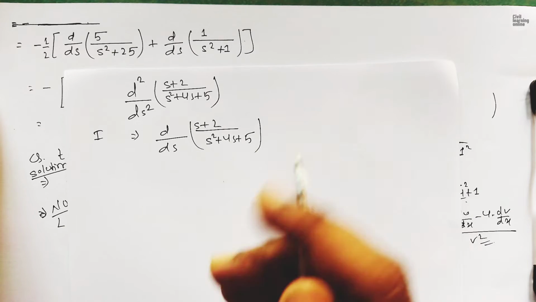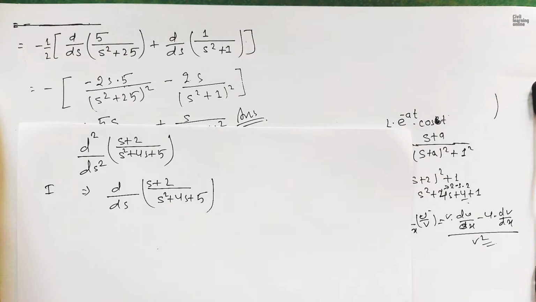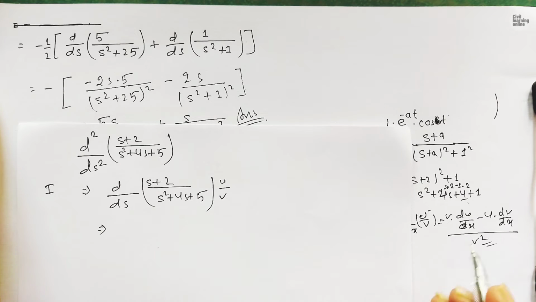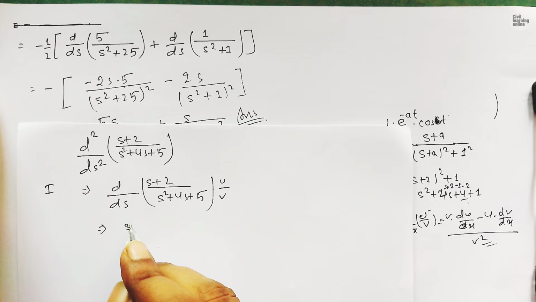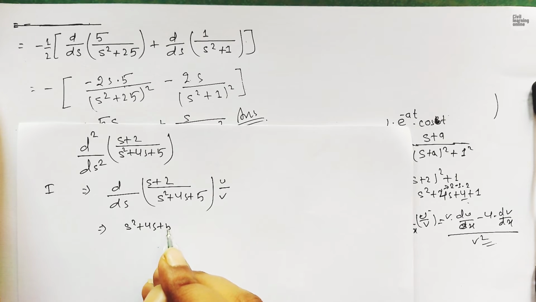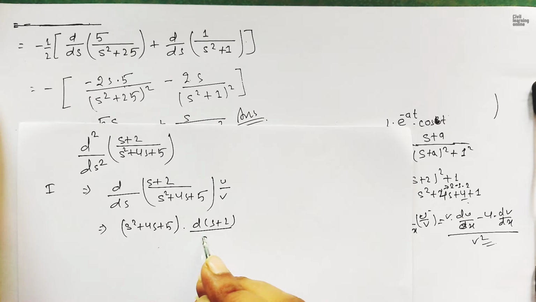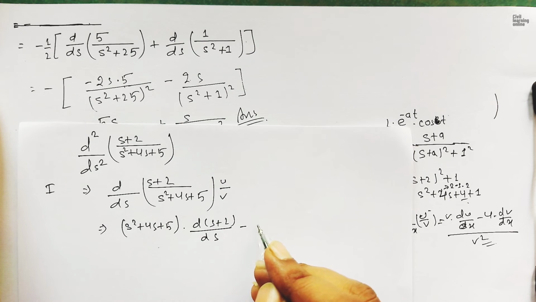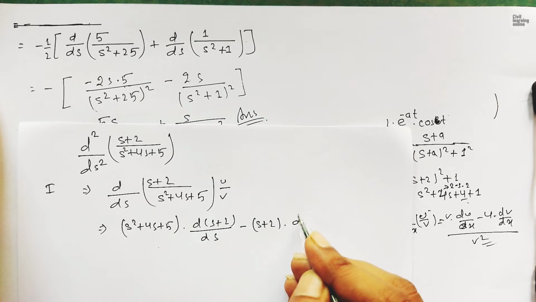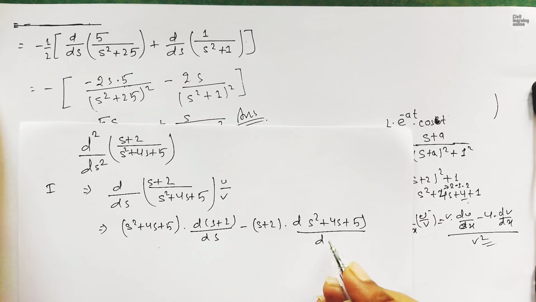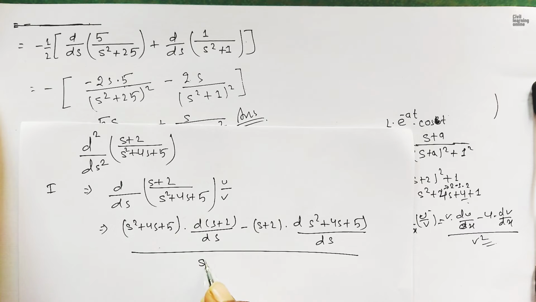Okay, now for u upon v, we will use this formula: v, that is s square plus 4s plus 5, times d upon ds of s plus 2, minus u, that is s plus 2, times d upon ds of s square plus 4s plus 5, upon v square, that is (s square plus 4s plus 5) whole square.